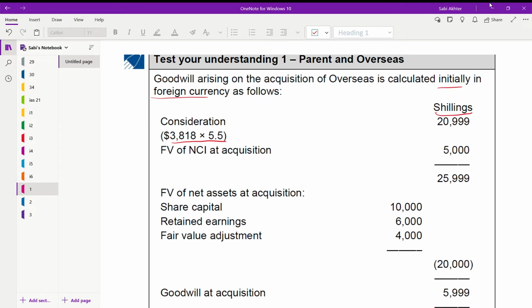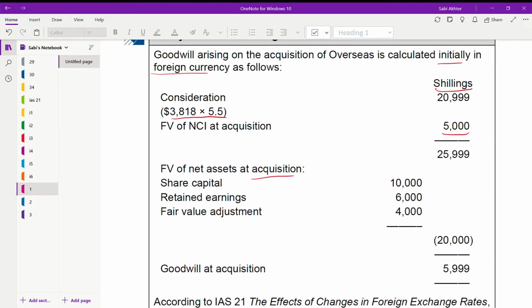Now fair value of NCI is already given, and net assets you have to find out. Add the share capital, retained earnings, and fair value adjustments. They told us the land value will exceed by 4,000, so add that, and this will be your goodwill at acquisition.